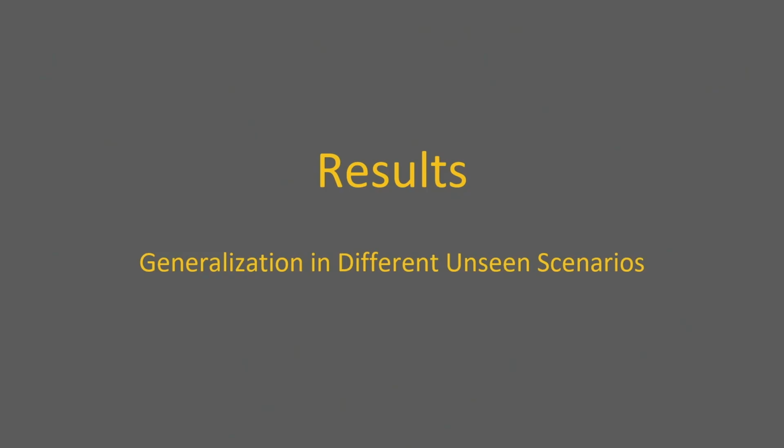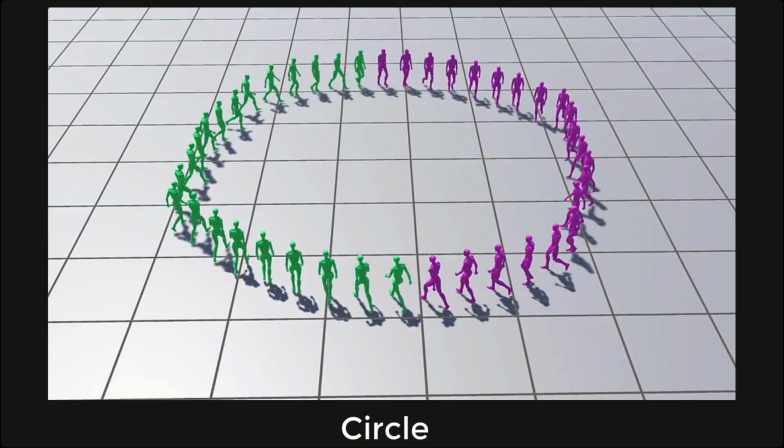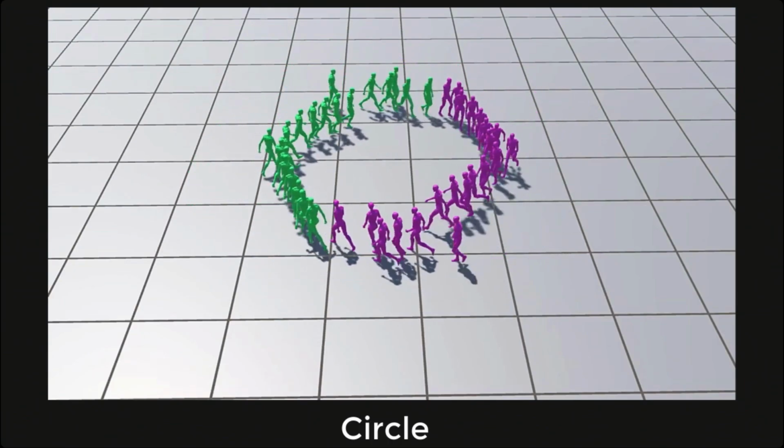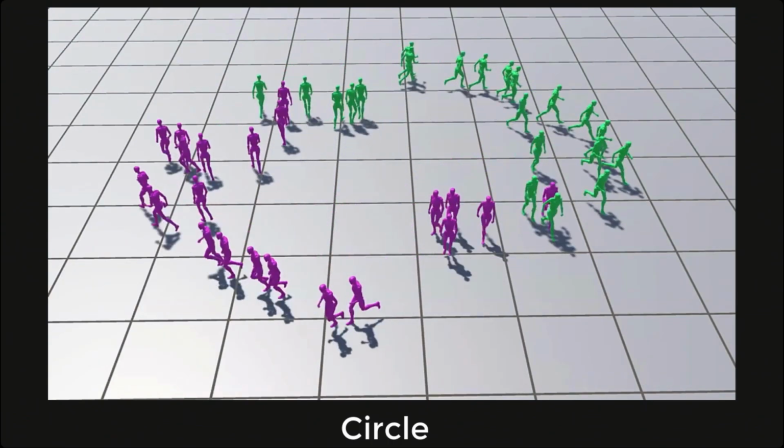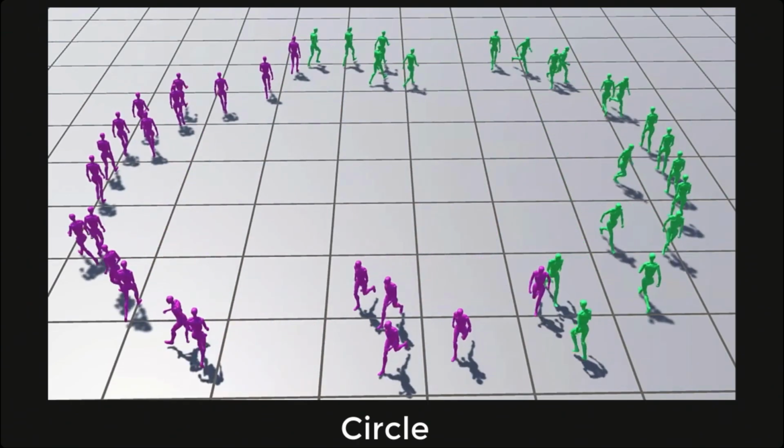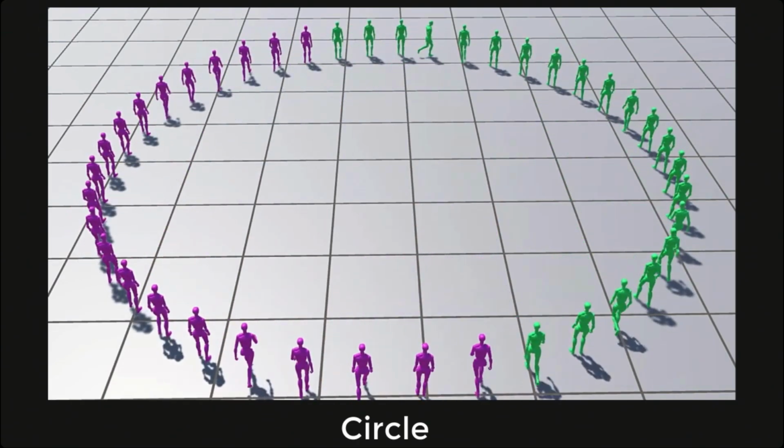So before going too deep into the problem, I will show some results of our method where we demonstrate how generalizable our trained policy is. As you can see in this circle scenario, the agents are tasked to reach their goal, which is the antipodal position of their circle.